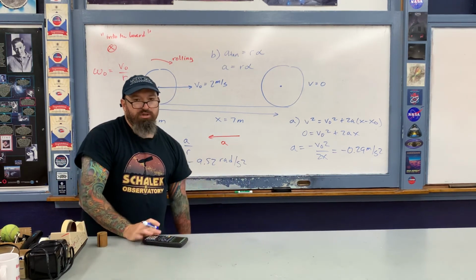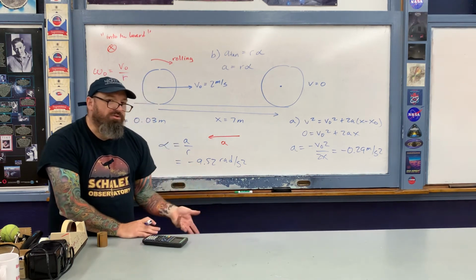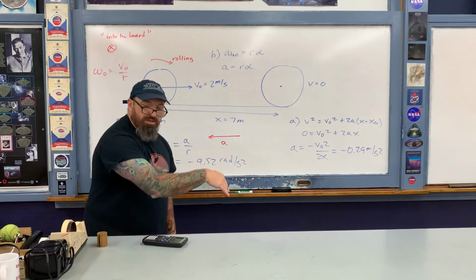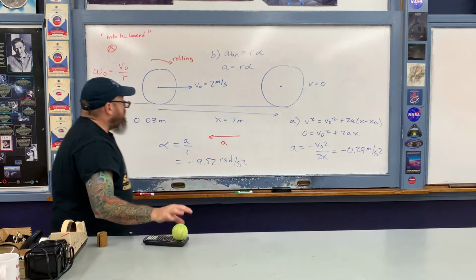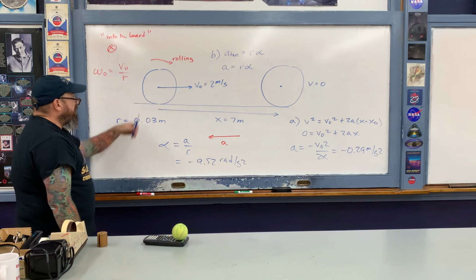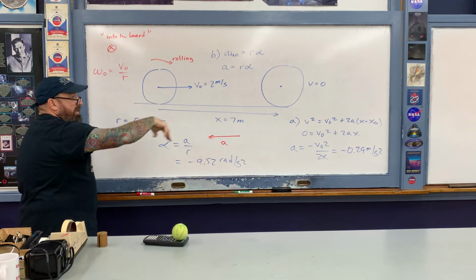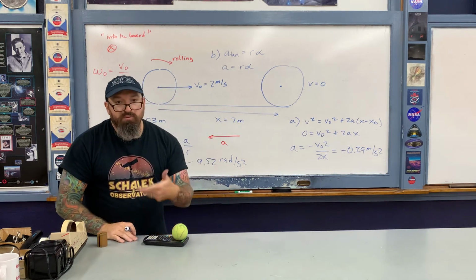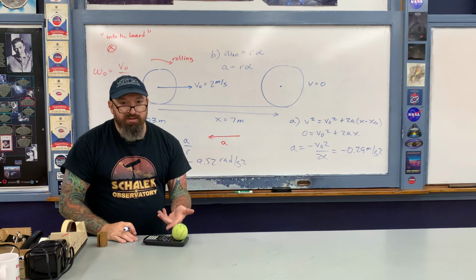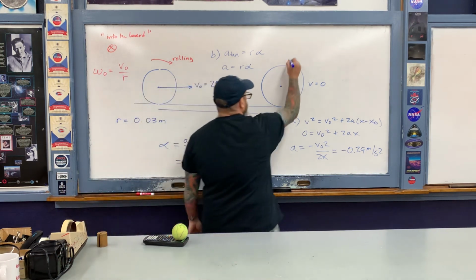Therefore, in which direction is the alpha vector? It's out of the board. Here's how the pseudo vectors work as the ball slows down while rolling in this direction. So consider first of all initially, as I described earlier, omega naught is into the board like so. And then the ball eventually slows down and comes to rest. So using the tail to tip method of vector addition, in which direction is the delta omega vector? Watch this.